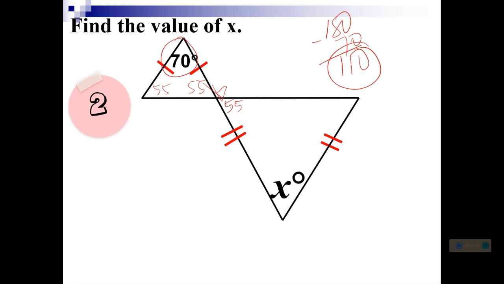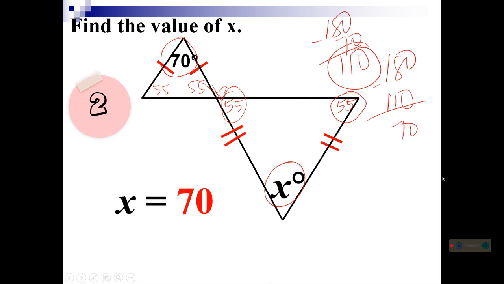Take note that this is one of the base angles, so this is also 55 degrees. 55 plus 55 is equal to 110. So what is the value of x? 180 minus 110 is equal to 70. Again, the value of x in number 2 is 70.